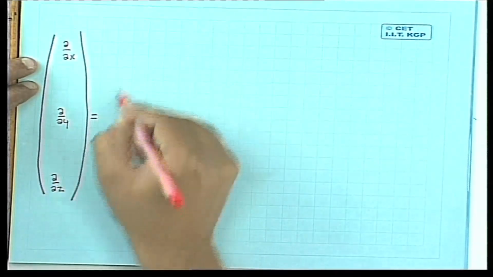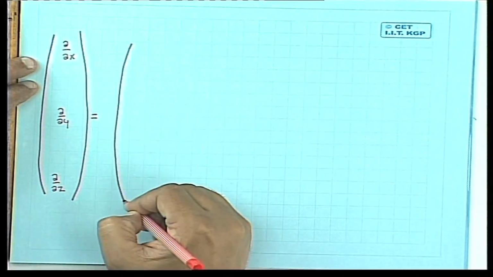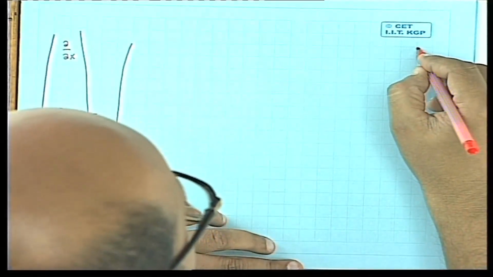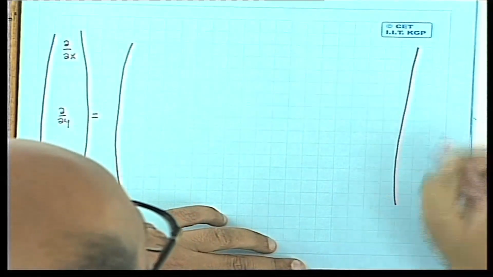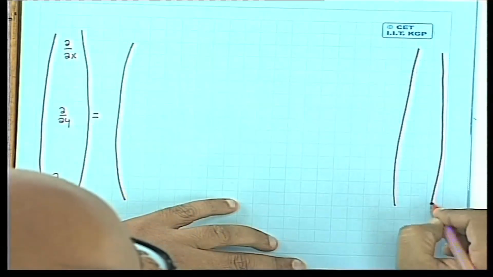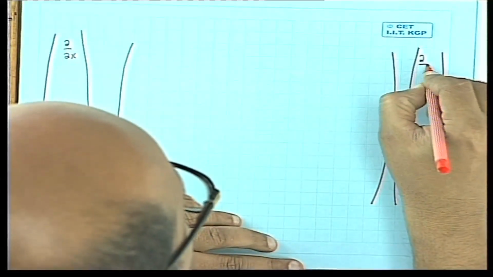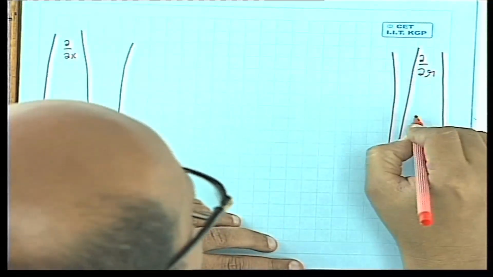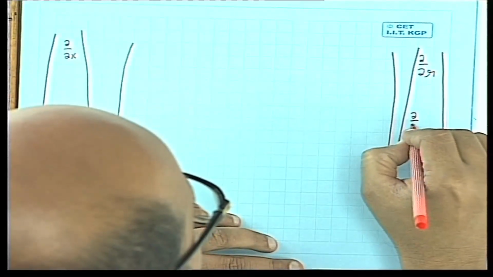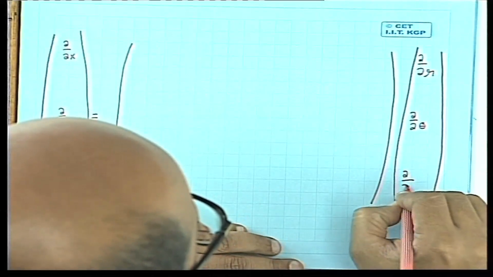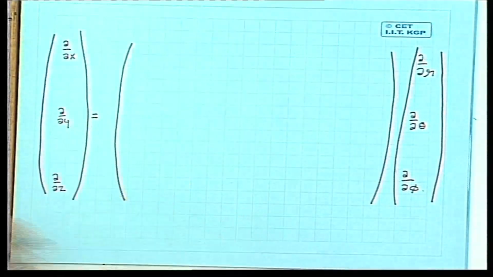This is equal to, let me put all the terms here one by one, and finally over here let me keep some space. Here I have del by del r, del by del theta, and del by del phi. So, let me now put in the terms one by one.